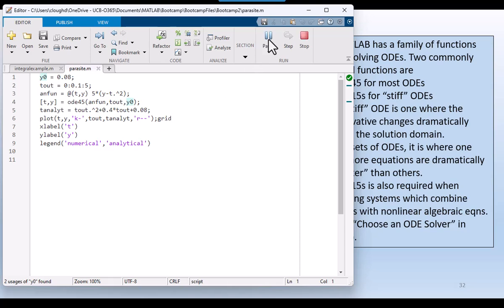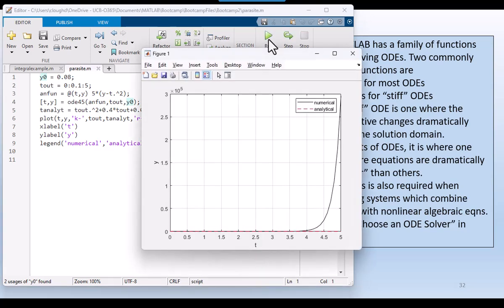So we run this, and we note that the analytical solution is coded in red dashed line, and on the scale we have, it just lies along the bottom axis here, because the numerical solution goes up to 300,000 at t equals 5. And the actual analytical solution at t equals 5 is about 27.